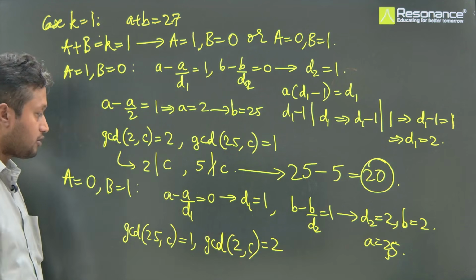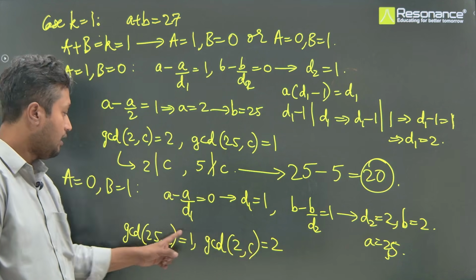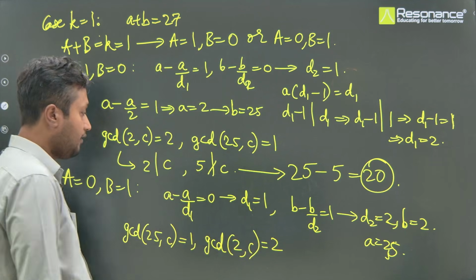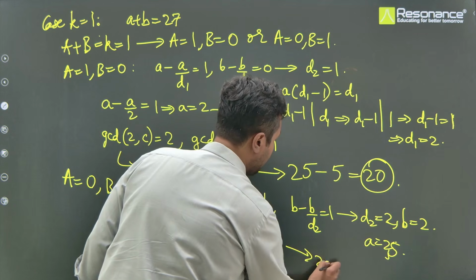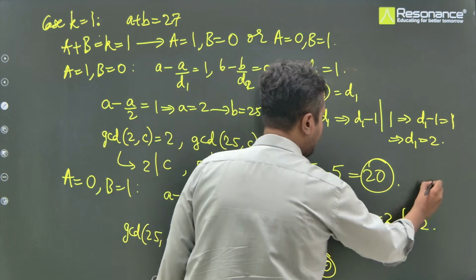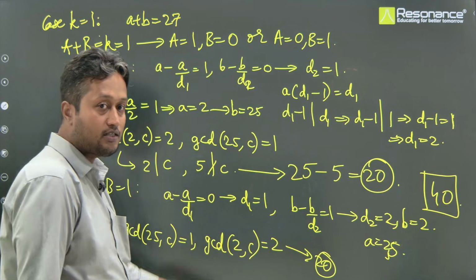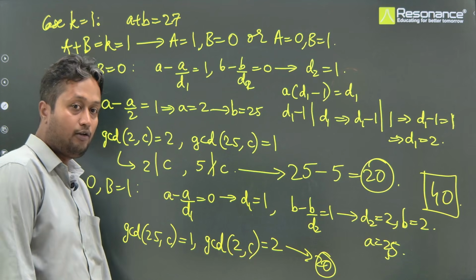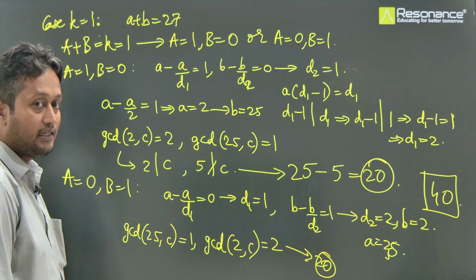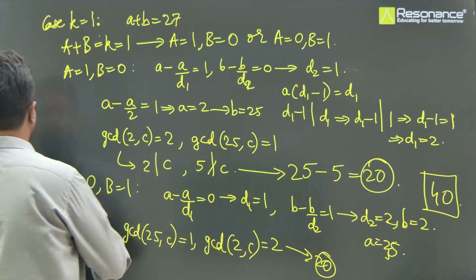So again, same story. 2 has to divide C, and then 5 should not divide that, and you get 20 more solutions. So in total you get 40 solutions. You can work out the other cases. It's quite similar to this, and you'll realize that there's really no solution over there.